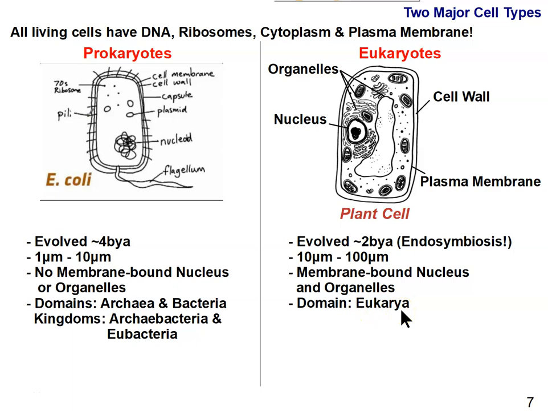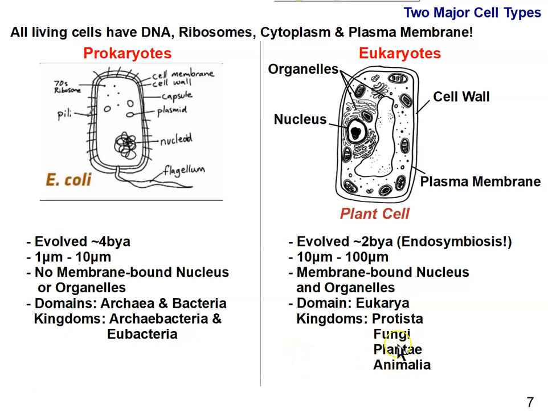So again, there are three domains, Archaea, Bacteria, and Eukarya. Two, Archaea and Bacteria, are prokaryotic, whereas the domain Eukarya are all the eukaryotes. And there are four kingdoms within domain Eukarya. There's the kingdom Protista, kingdom Fungi, kingdom Plantae, and kingdom Animalia.